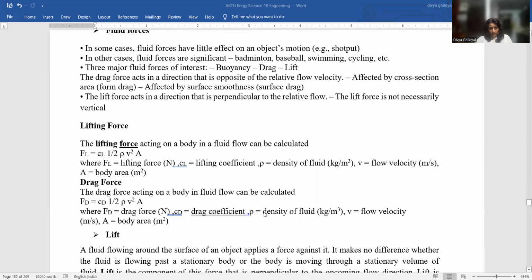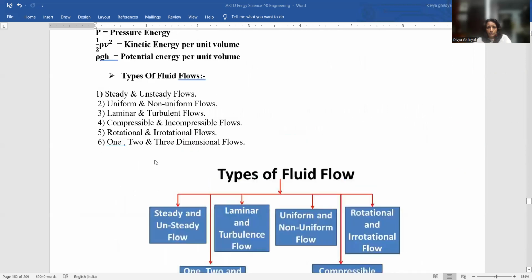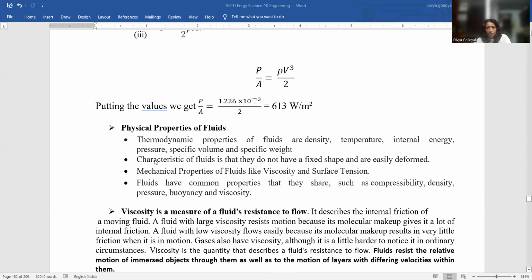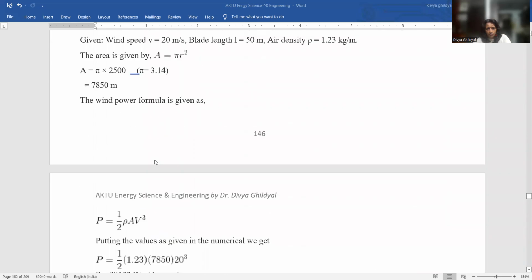Lifting force. Now, you have seen that lifting force acts on a body in the fluid, and it can be simply given by the formula F equals half rho V squared A into lifting coefficient. This force is the same as which I derived with you in the previous lecture, and you don't need to go into higher details of this formula.